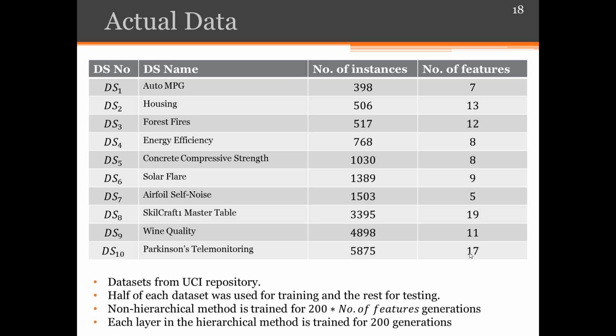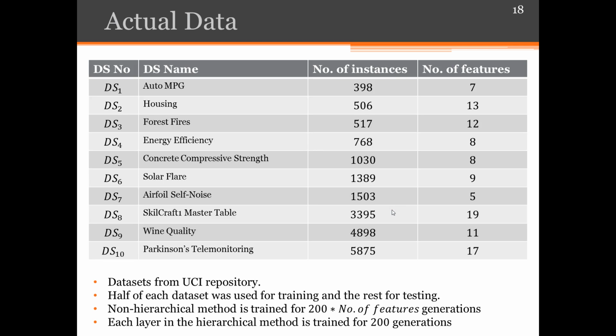In here you can see that we have tried these two methods on actual data from UCI repository, and we have sorted these datasets from dataset 1 to dataset 10 based on the number of instances inside the datasets. We have partitioned these datasets into halves.